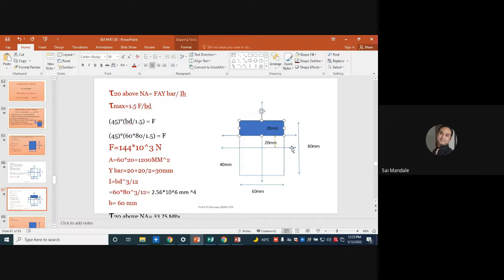This is the NA, so 60 into 20. This is 60, and 20 is the area above NA. Which section are we talking about? Above 20 mm, the highlighted area having width of 60 and depth of 20. So 60 into 20 is the area.